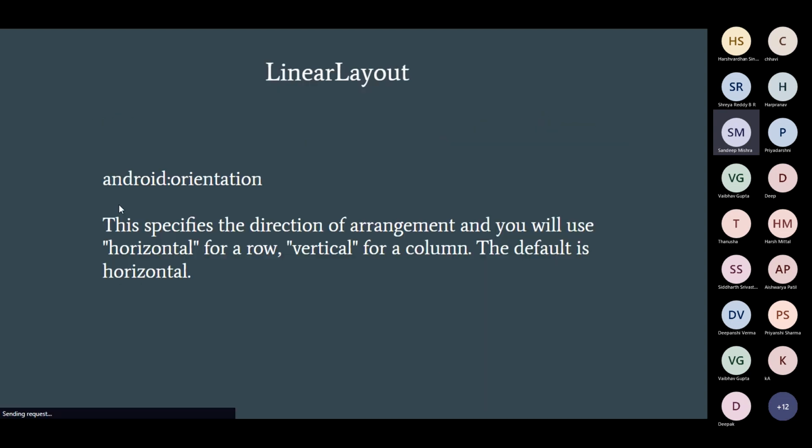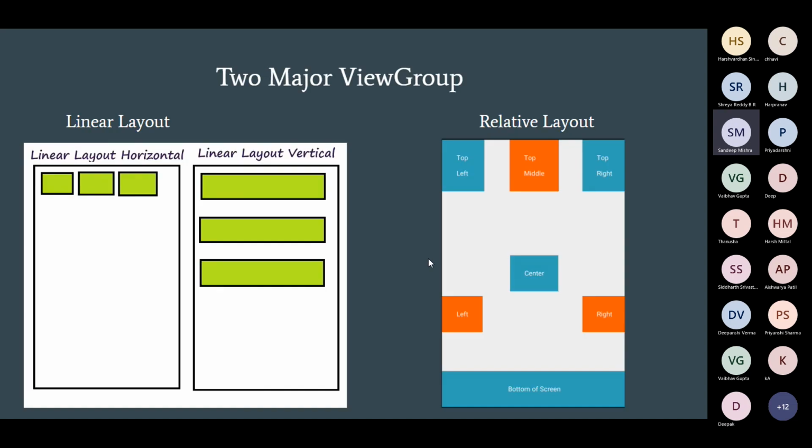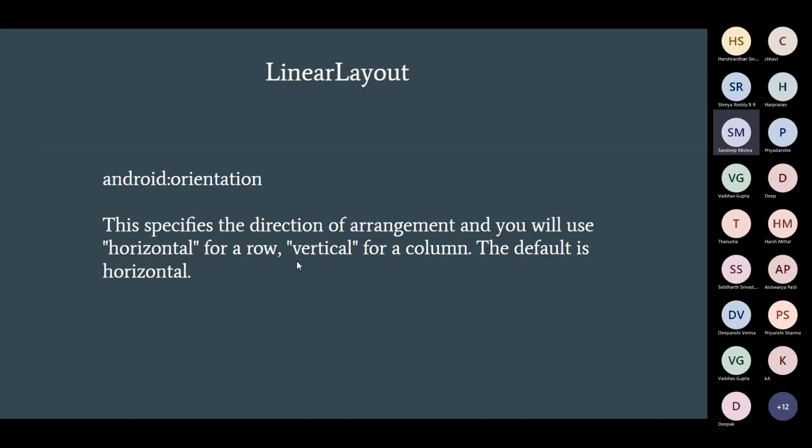And if you place it as vertical, then it will store the children in the column manner, like first child, second child, and then third child. And if we don't put anything, then it will store as a horizontal view. But it is recommended to use the attribute to explain what type of orientation we want to have in our app.